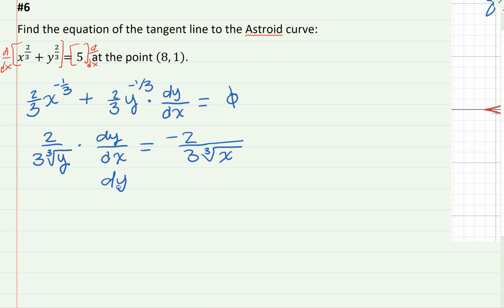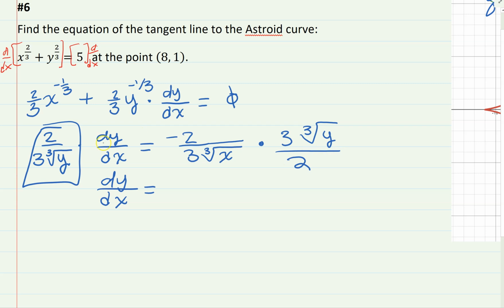So dy/dx is going to equal, and here we would have to multiply by the reciprocal, which is 3 cube root of y over 2, to get rid of that. And this cancels with that, this cancels with that. So we will just have negative cube root of y over cube root of x. So that is the slope at any given point x, y.